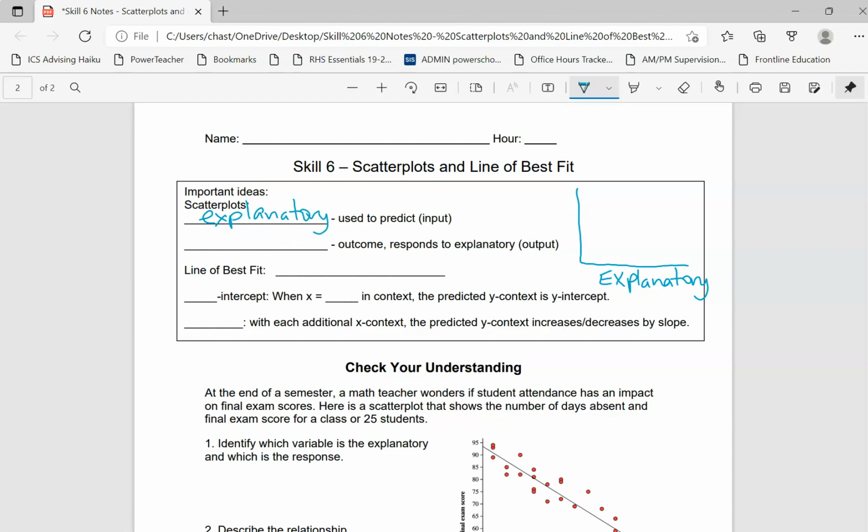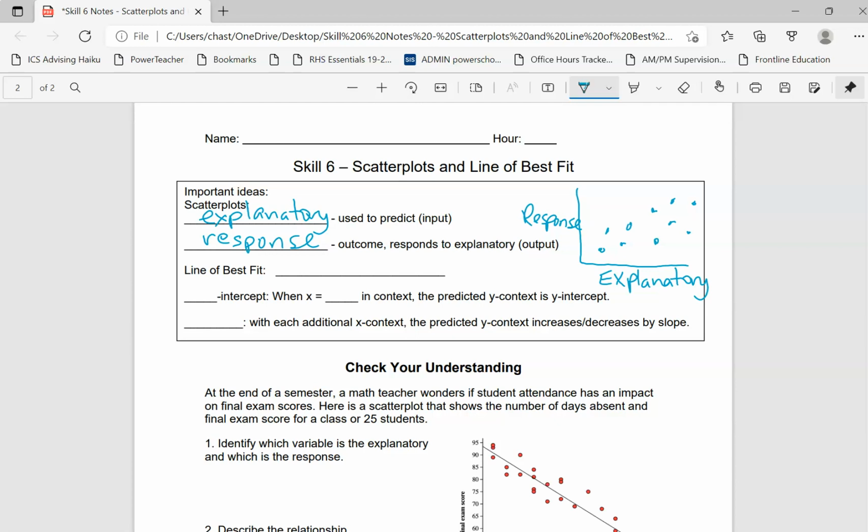And the result is going to be a response. So we have a response variable, which is the outcome, and it responds to the explanatory. So here's an example of a scatter plot.